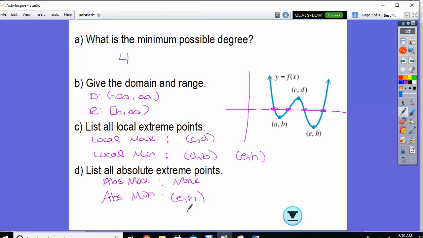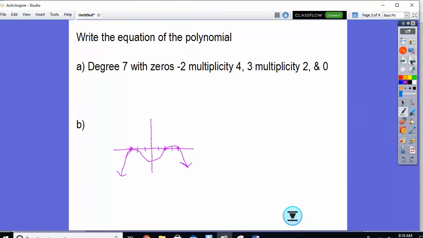So I might ask you something about a graph like this. Any questions there? So far, is all this stuff pretty familiar? That was really what we talked about in the first section, 4.1, with end behavior, the maximums and minimums.